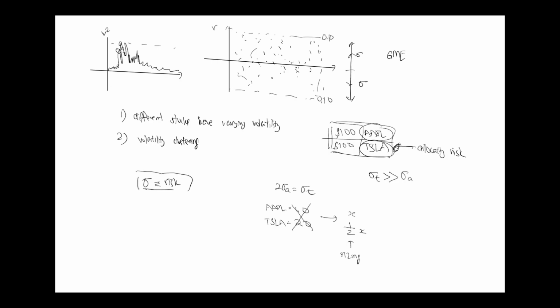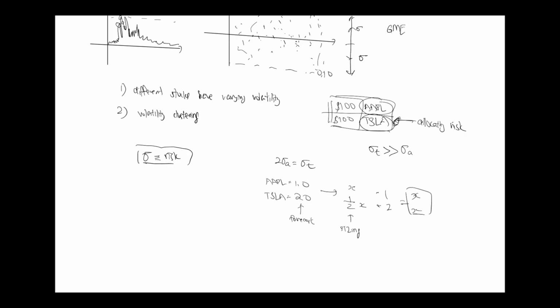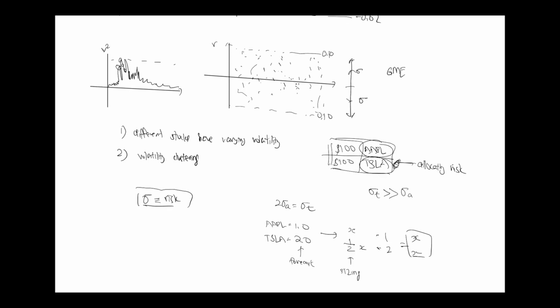Now we want to put in our relative forecast. If we multiply by the forecast, then we have the same dollar position sizing. So this gives us the concept of using volatility to size our positions relative to other assets in our portfolio. I hope that makes sense.